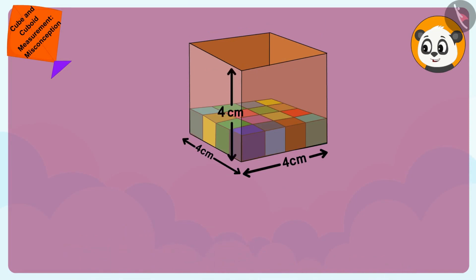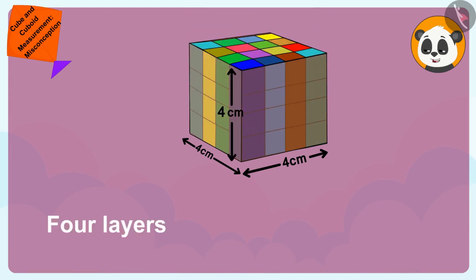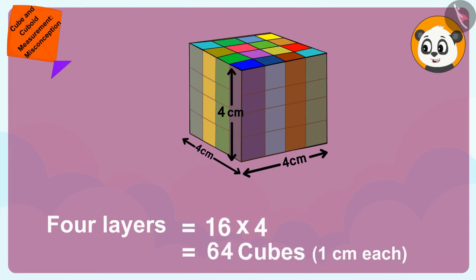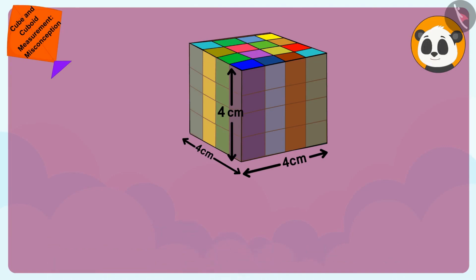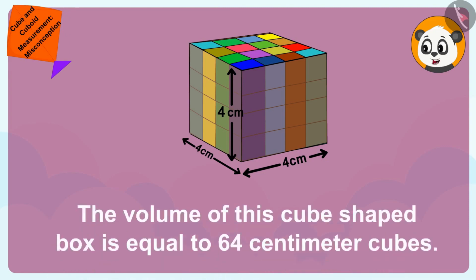It means there will be 4 layers. We will be able to place 16 times 4, 64 cubes of dimension 1 centimeter each in the cube shaped box. In other words, the volume of this cube shaped box is equal to 64 centimeter cubes.